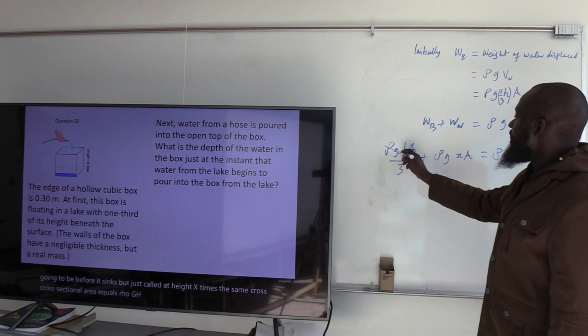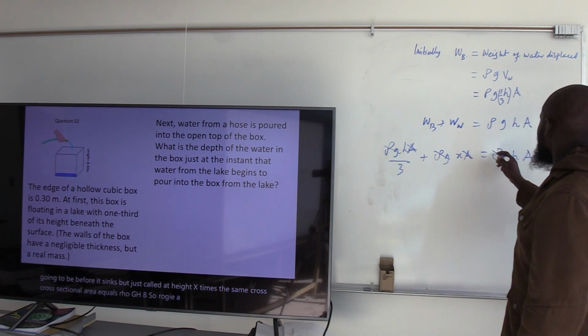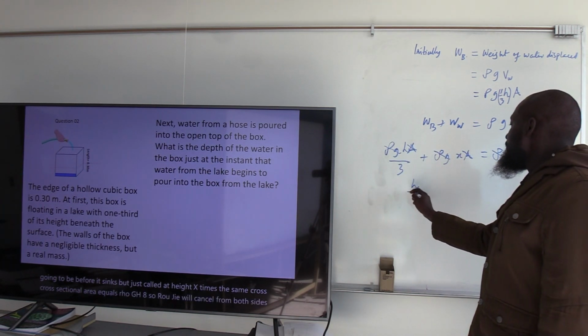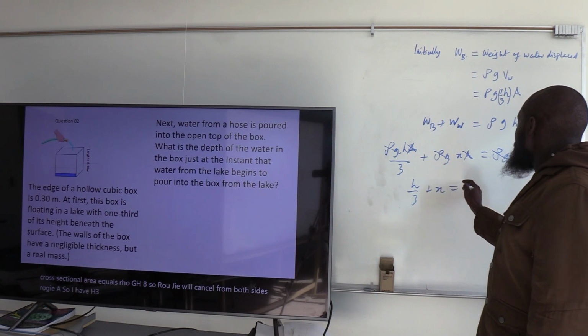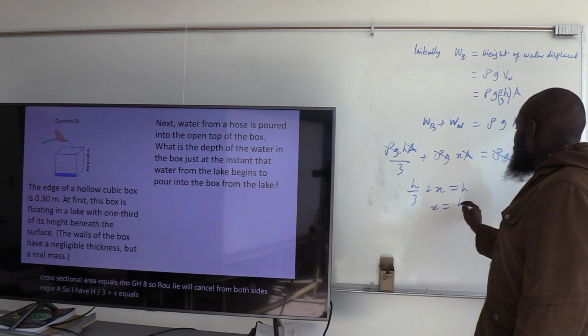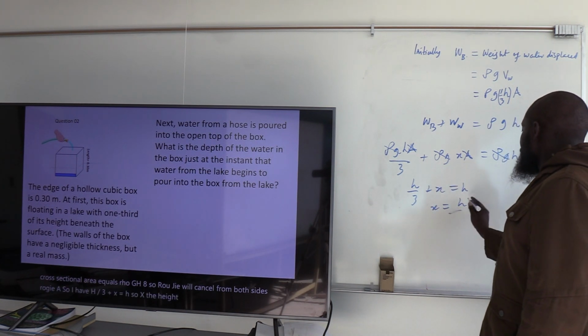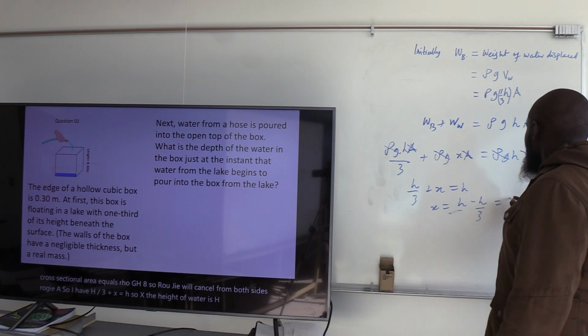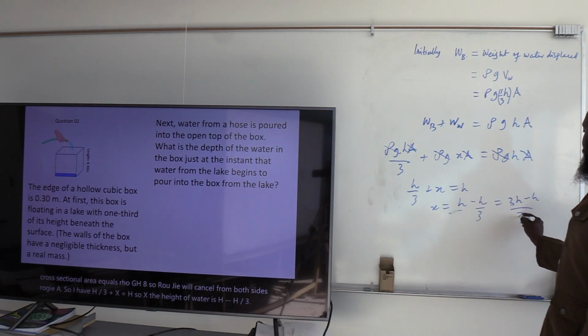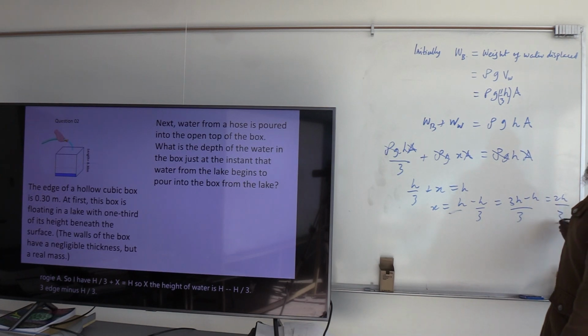So rho g a cancels from both sides, and I have h over 3 plus x equals h. So x, the height of water, is h minus h over 3, which is 2h over 3.